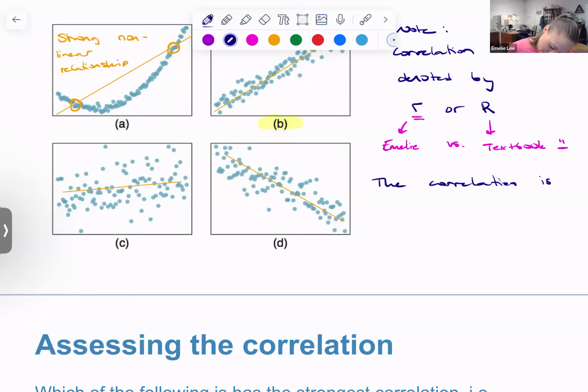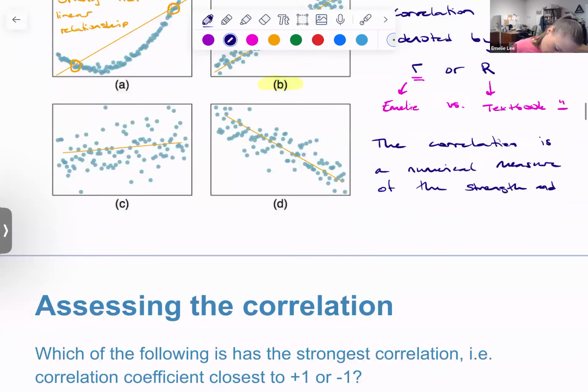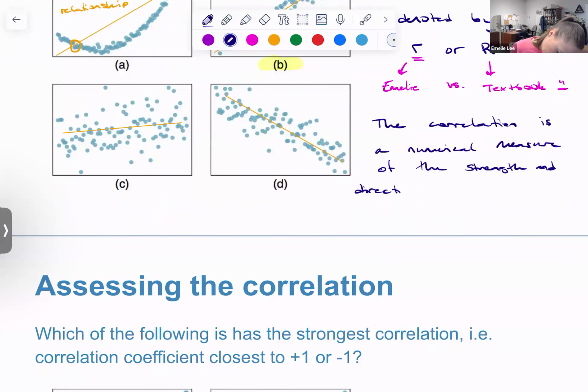The correlation is a numerical measure of the strength and direction of a linear relationship.